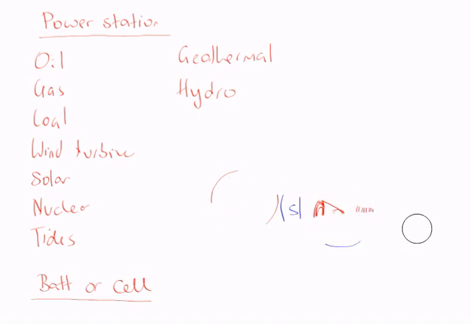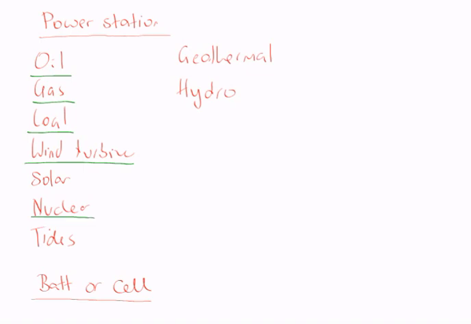Now, most of these power stations use the same principle. So, for example, oil, gas, coal, a wind turbine, nuclear, tides, geothermal, and hydro. They all use that principle of turning a coil or a magnet inside a magnetic field, and that can create some electrical current.